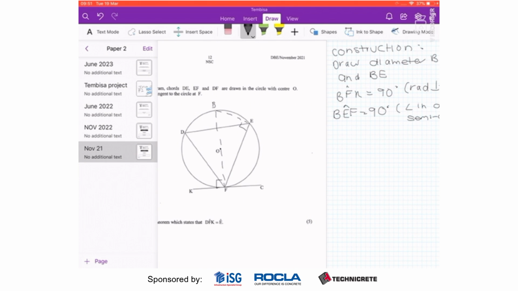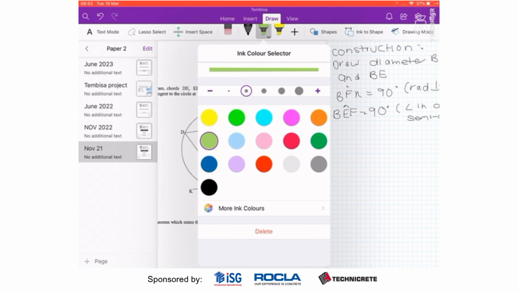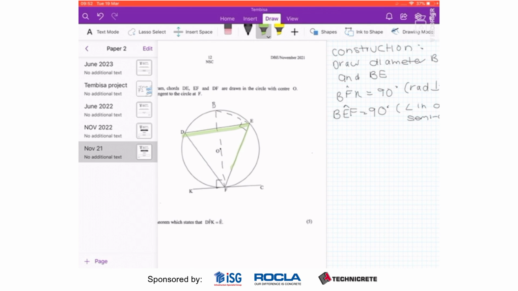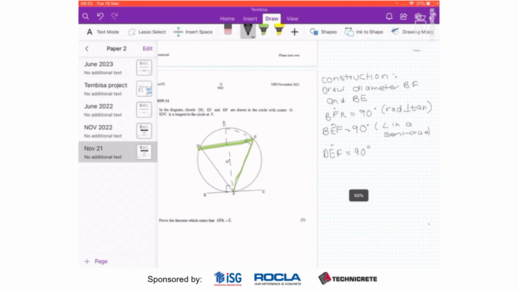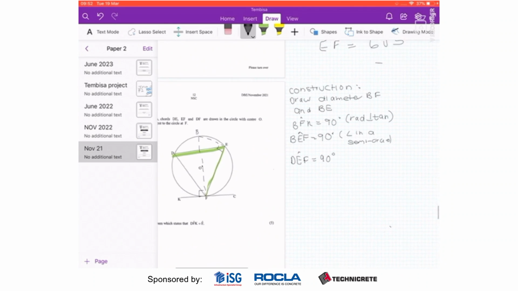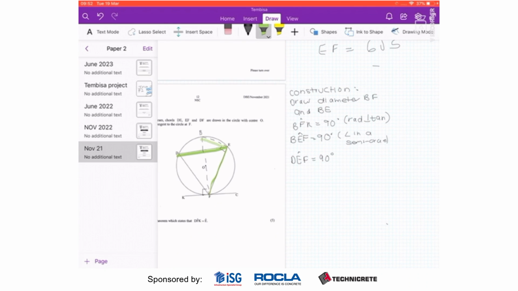So we can say now that DEF is 90 degrees minus BED.